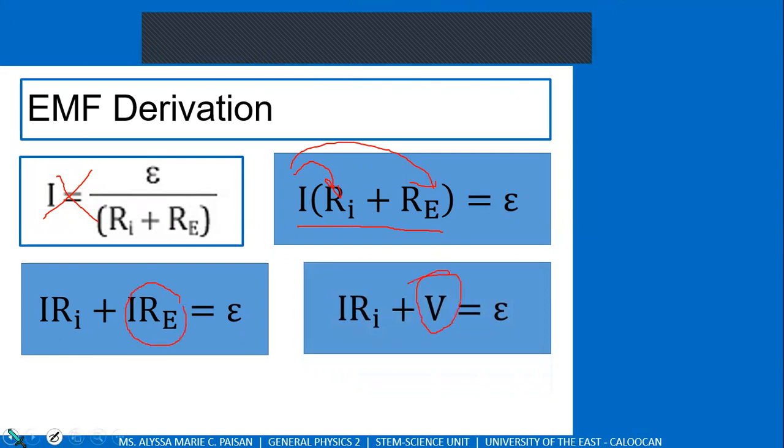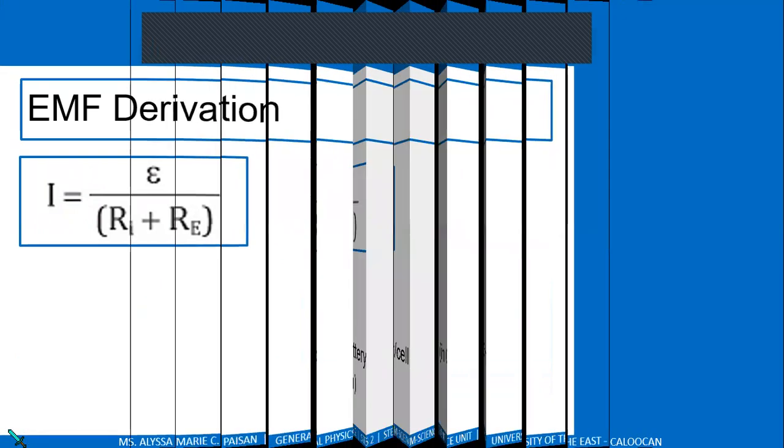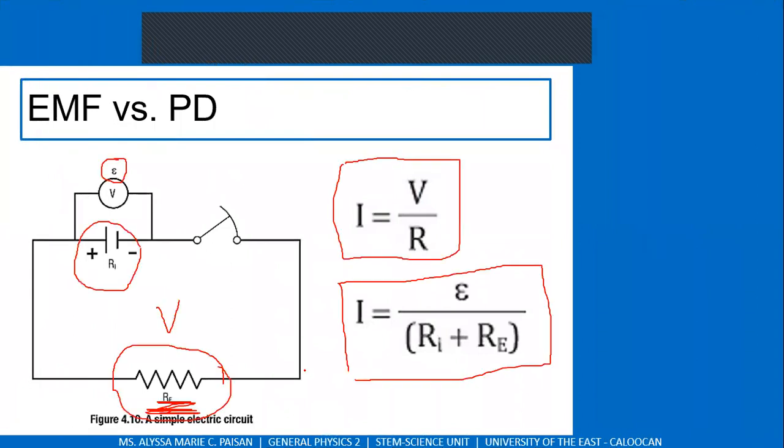Bakit ganon? Kasi di ba kanina, I told you, balikan natin yung previous slide. Una-una pa, ayan. I told you that this R is actually the voltage of the R. The R is actually the resistance of the resistor. It's the same as the external resistance. Kasi nga, kapag hindi natin consider yung resistance ng battery natin, ito lang yung i-consider natin na resistance. So, ganito lang siya kasimple.